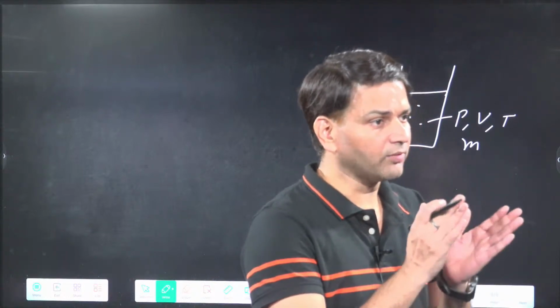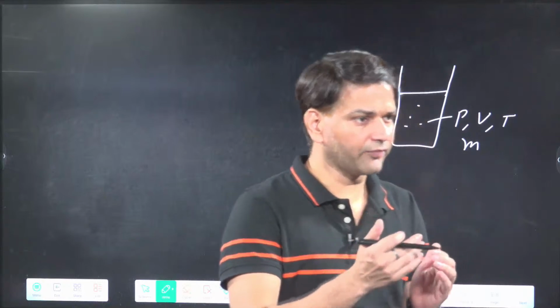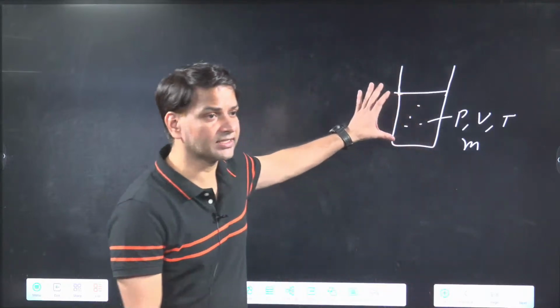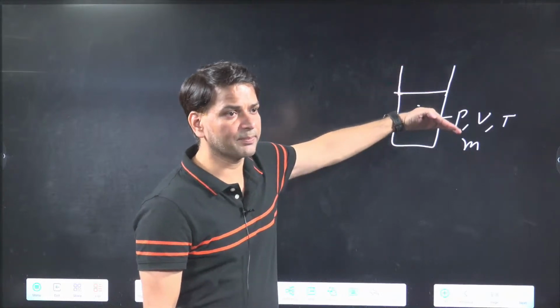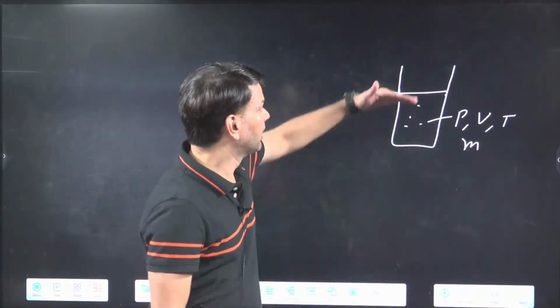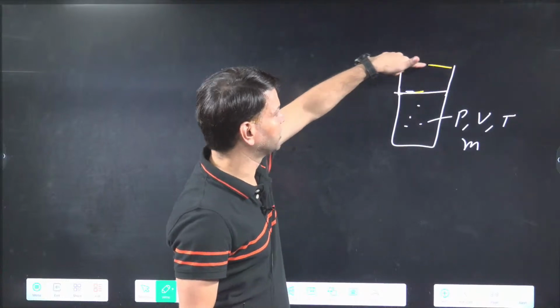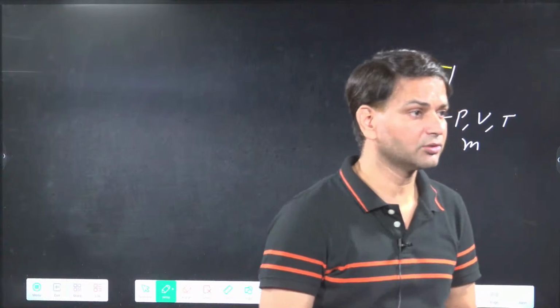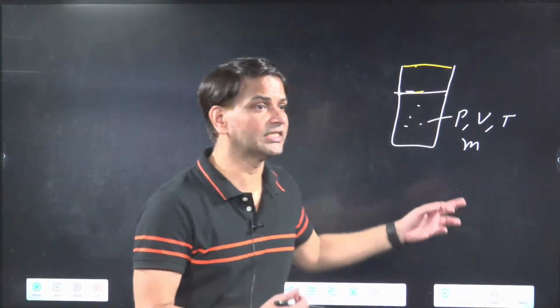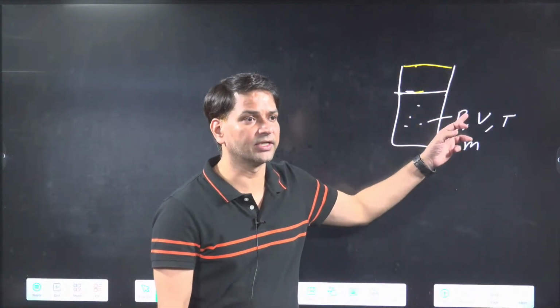So what is the meaning of state variable? Here one state of the gas I am writing is when the piston is in this position. So we write the pressure, volume, temperature and mass. Now I shift the piston to another position, so we will write another pressure, volume, temperature and mass. So these are the variables we represent in the different states.